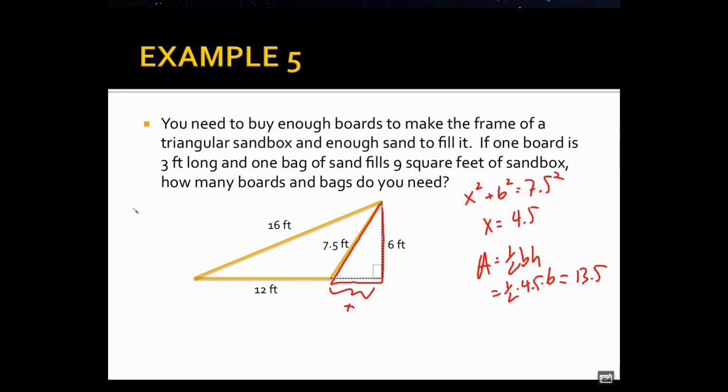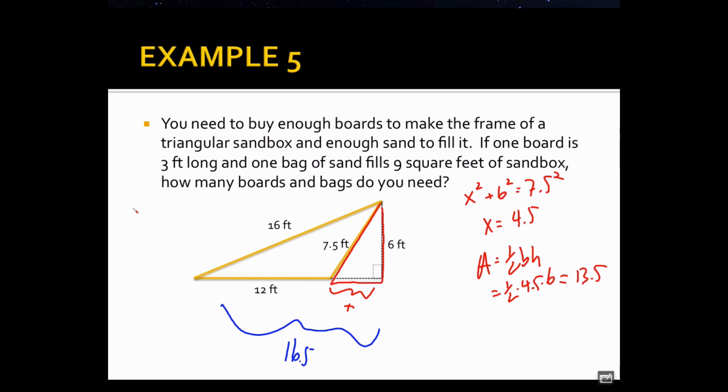Okay, so that's the area of this one. Oh, so then I would do 12 plus 4.5. And then the area of the triangle would be, which triangle?